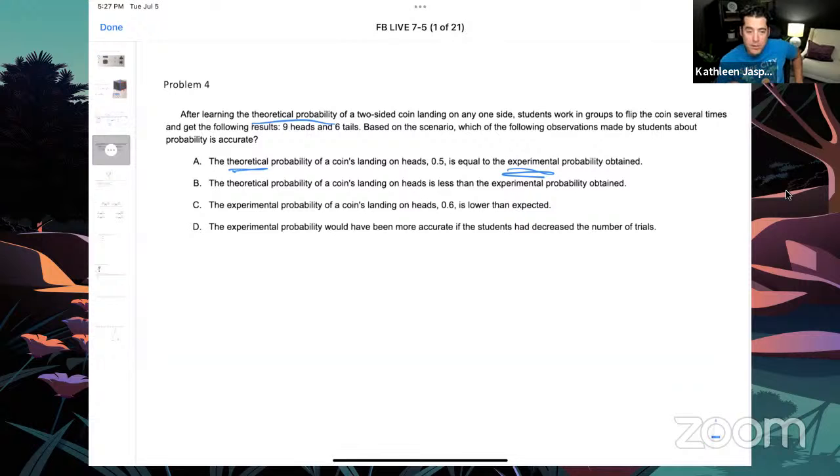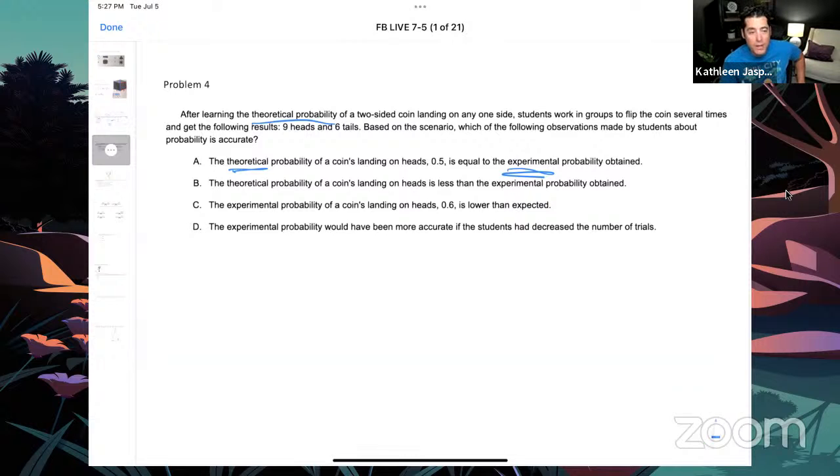You are going to see problems like this where they throw in math terms. That's just part of the test specifications, the right nomenclature in math, the right terms. Sometimes we may not have studied that. It's new to us, we just didn't hit it, so you may need to just take an educated guess. And that goes for all the problems.